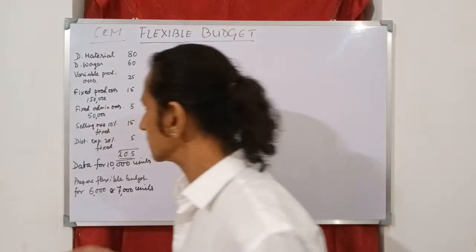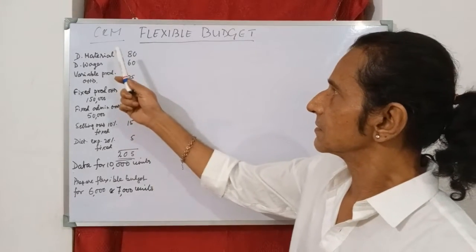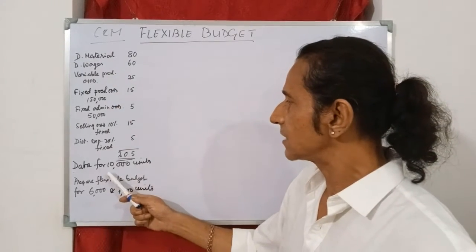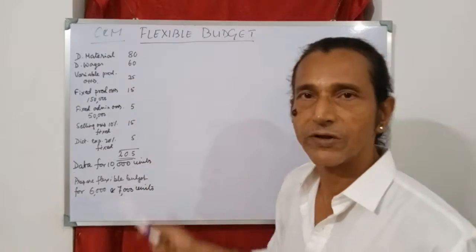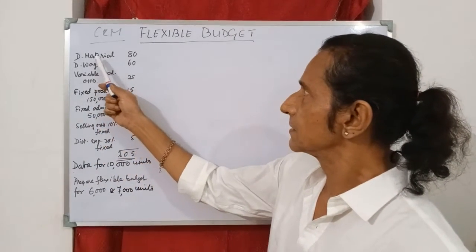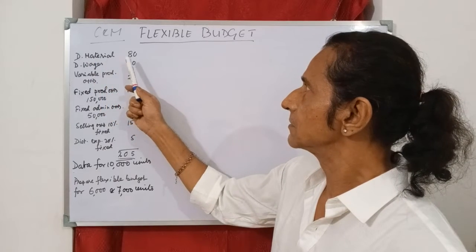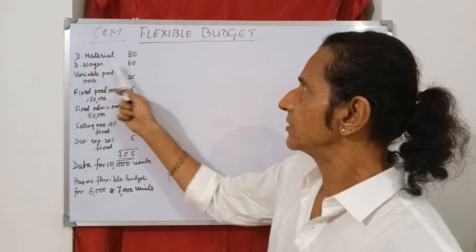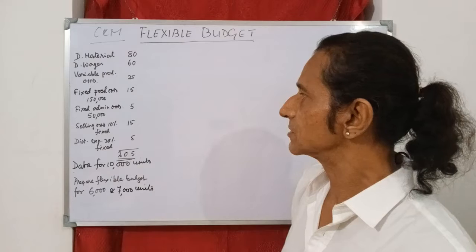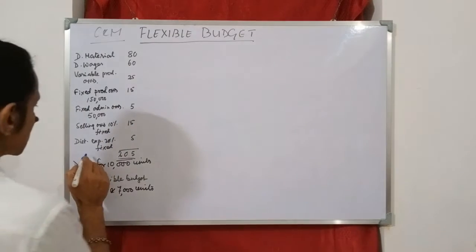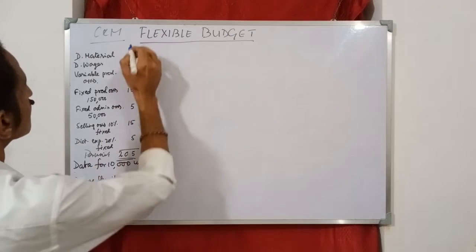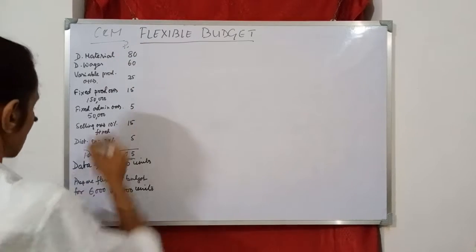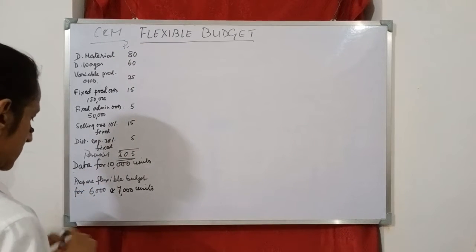First of all, what is the problem? On the basis of 10,000 units of output, these data are provided. What are the data? Direct material cost 80, direct wages 60. These are all per unit cost.